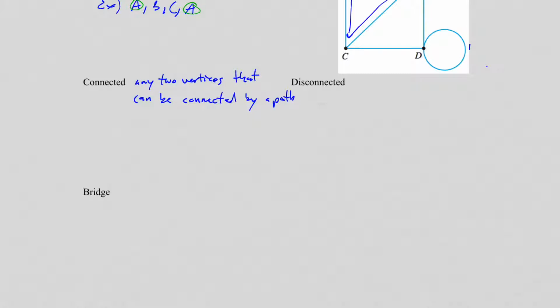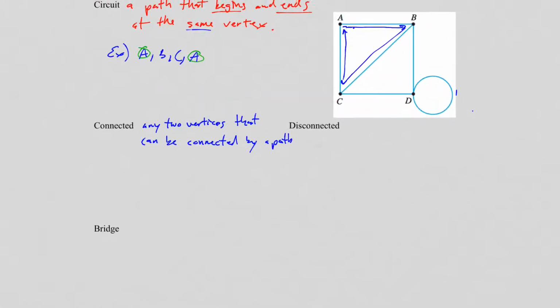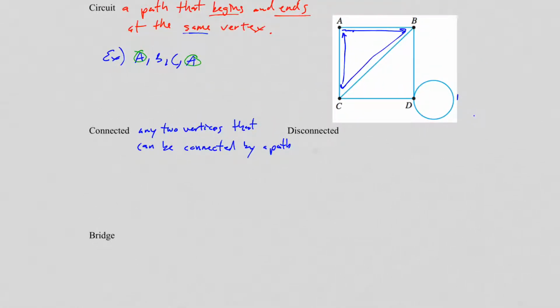So that's pretty much everything we've been showing, except, think of let's say A and D over there in the picture. You can't just walk across.